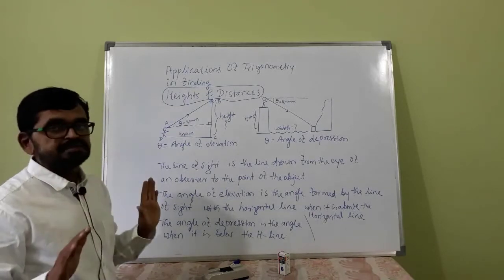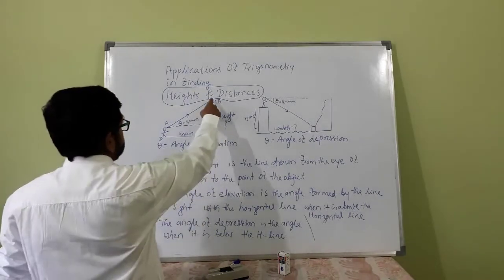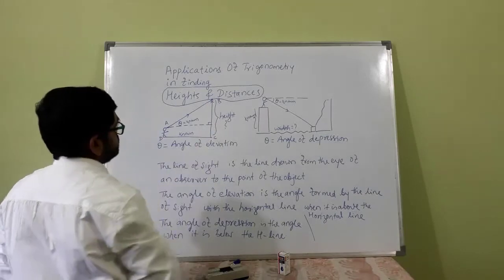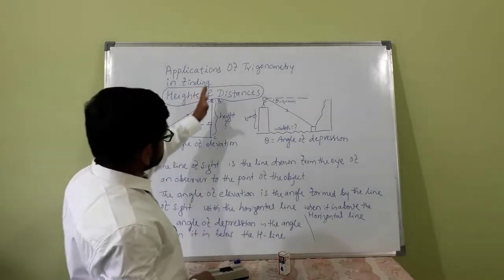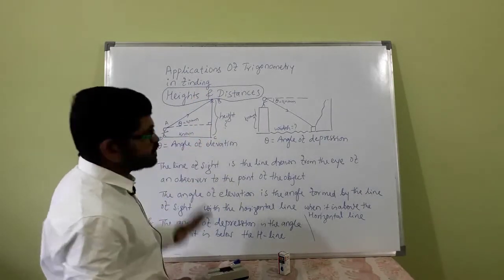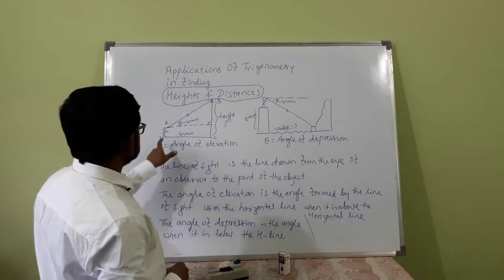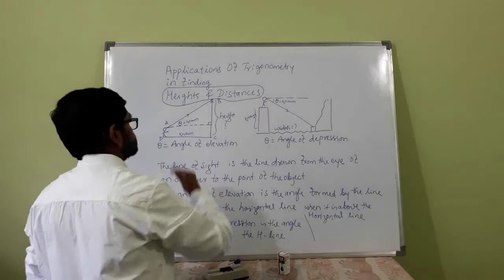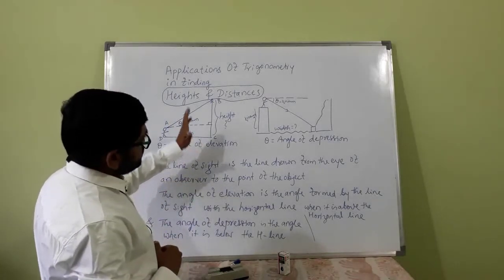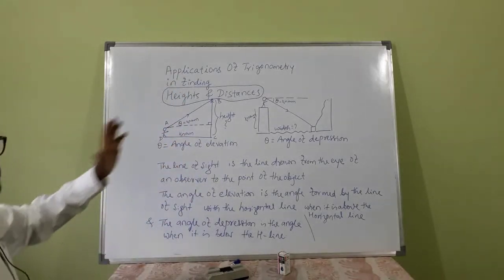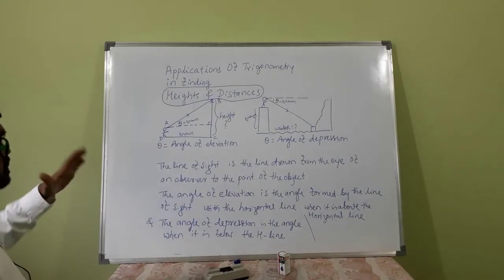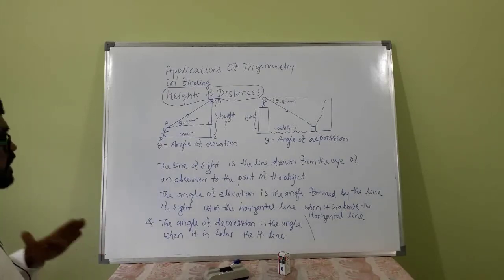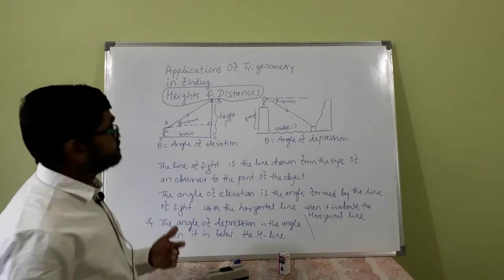One assumption is that the tower or object is perpendicular to the horizontal line. If it is slanted, you cannot easily find its height; you can find the height of the Burj Khalifa, but it is not easy to find the height of the Qutub Minar, isn't it?